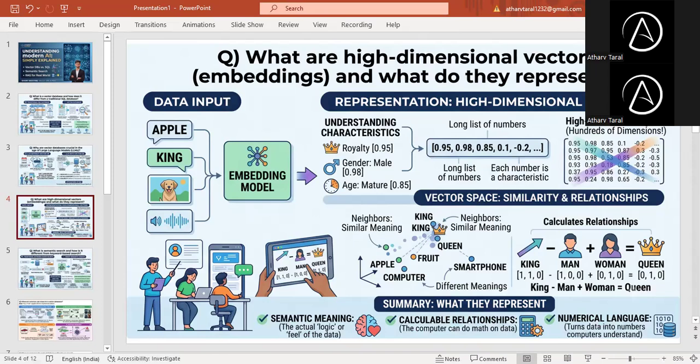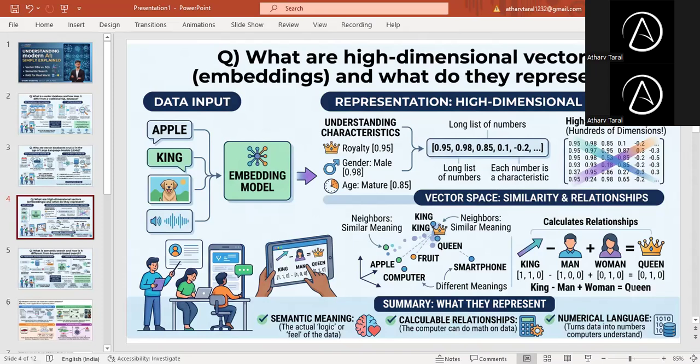Basically, computers are not good at understanding the meaning of a word like apple, but they are very good at math. So we represent each word as a long list of numbers. Each number in that list represents a specific feature or characteristic of that word. There is a reason we call them high dimensional.